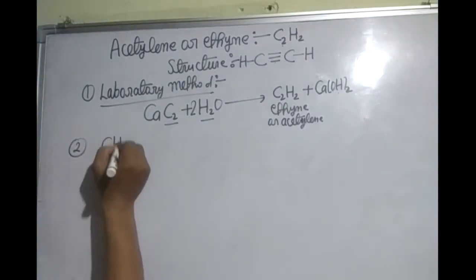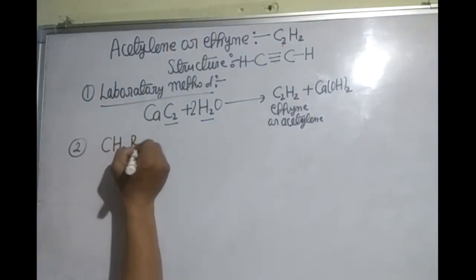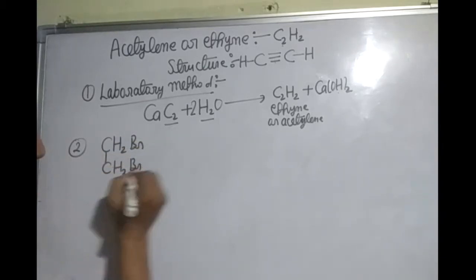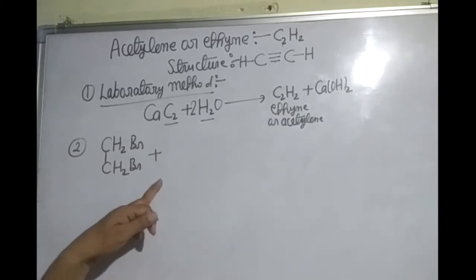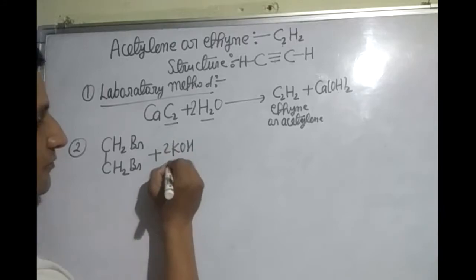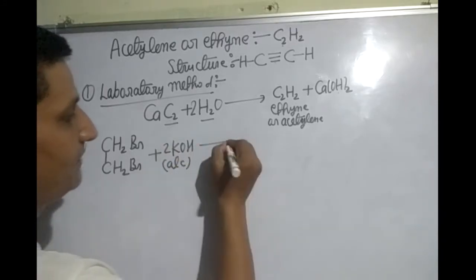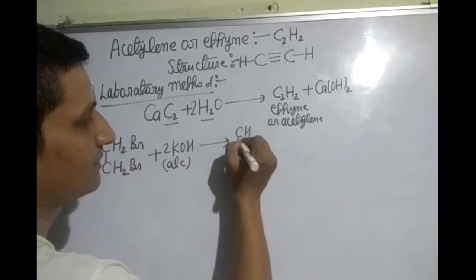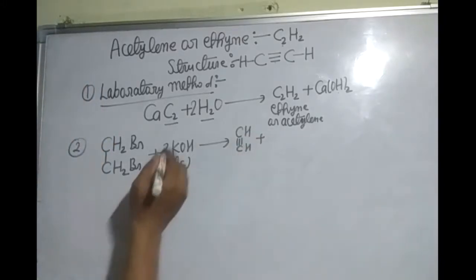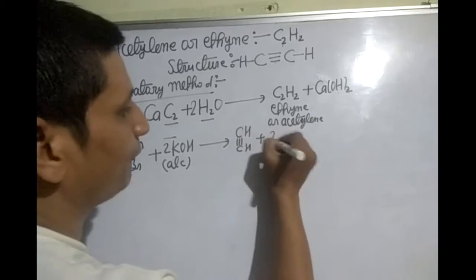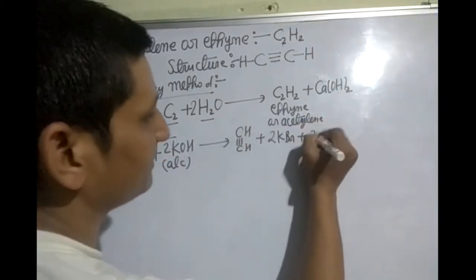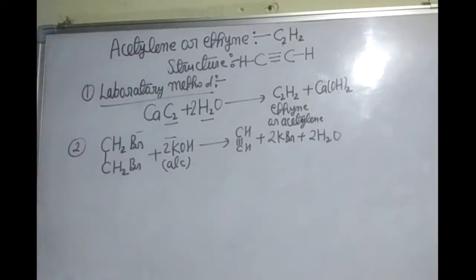Look here. 1,2 dibromoethane, CH2Br-CH2Br, reacts with alcoholic potassium hydroxide solution. Then we get CH triple bond CH. This is acetylene or ethine. 2K and 2Br combine to form 2KBr, plus 2 oxygen means we get 2 water.